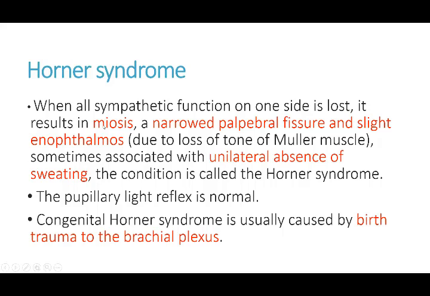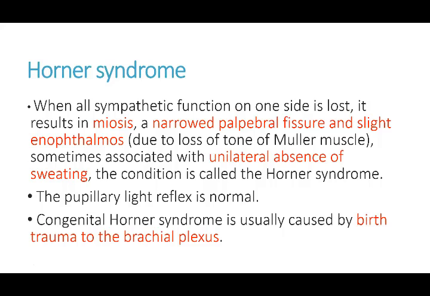So there is meiosis, ptosis, and lack of sweating. The pupillary light reflex is normal. Congenital Horner syndrome is usually caused by birth trauma to the brachial plexus, forceps delivery, etc.